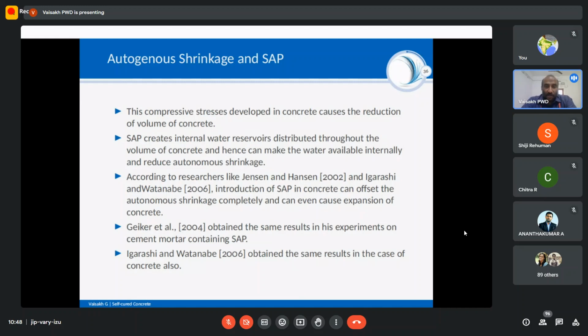The compressive stress developed in concrete causes a reduction of volume of concrete because it shrinks. If SAP is used, internal water reservoirs can be distributed throughout the volume of the concrete, and water can be made available internally and reduce the autogenous shrinkage.